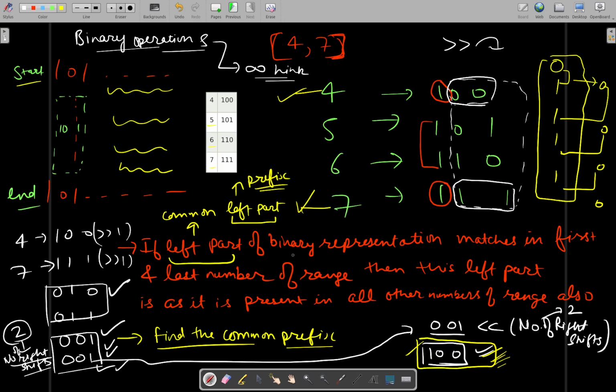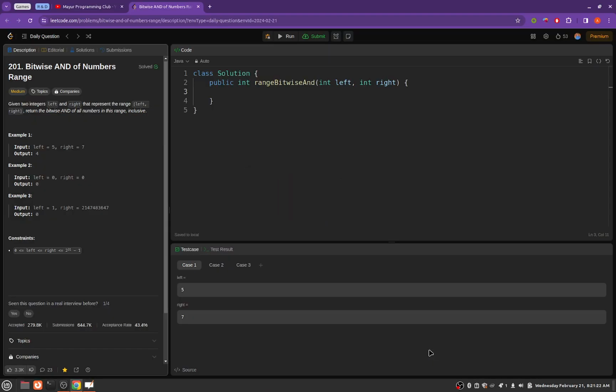And if you ask how many times this loop can run, first let me write the logic here, then we will discuss the time complexity also. Space complexity wise we will not be taking anything, so it will be a constant space solution. So you will be counting the right shifts, a right shift count, while left and right are not equal, which are the last and the first number of the range.